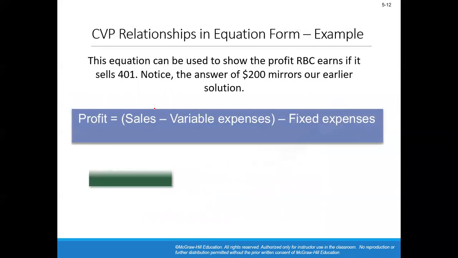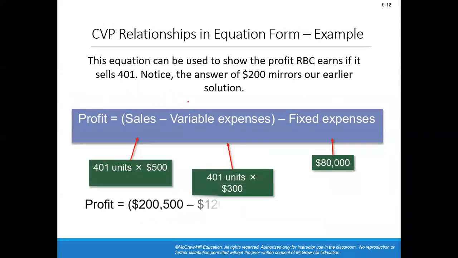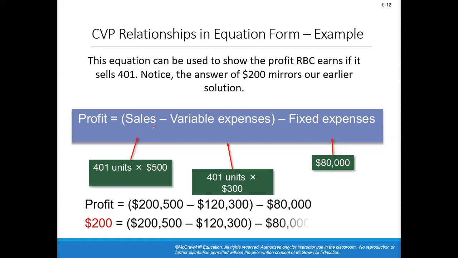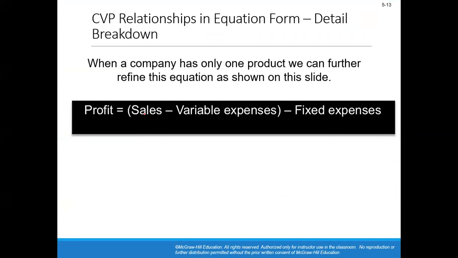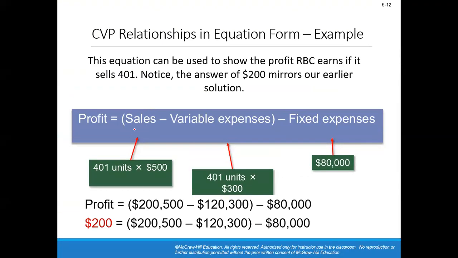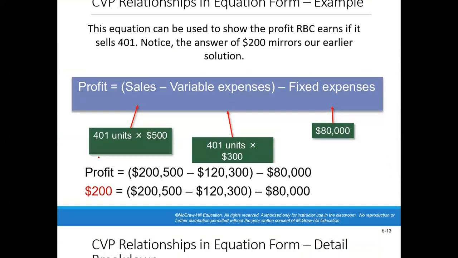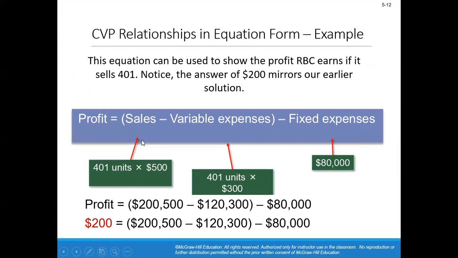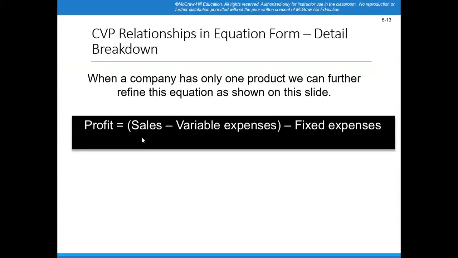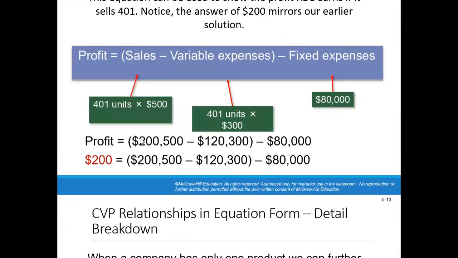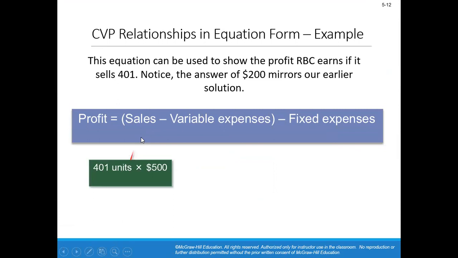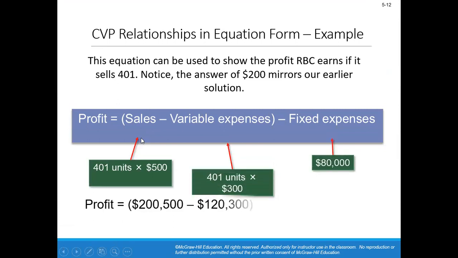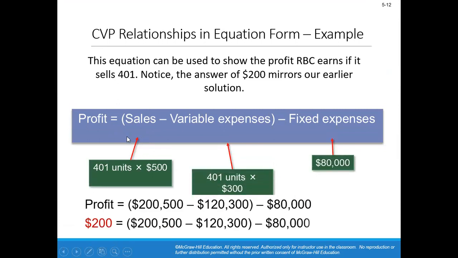So how does it actually work? This sales is equal to 401, or it can be 430. So if we multiply this by 500 per unit, we get the total sales.